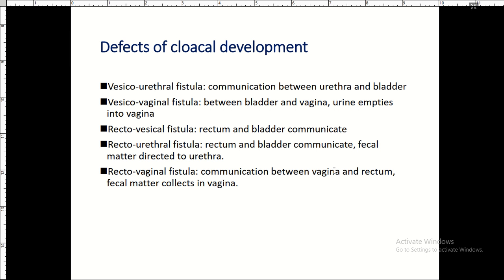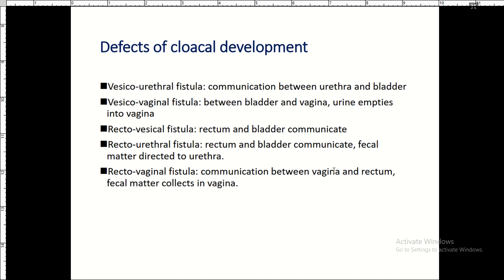You can have a vesicovaginal fistula. Instead of the bladder being separated from the urethra, the bladder is completely fused with the vagina. So instead of the urine passing through the urethra, the urine passes through the vagina.